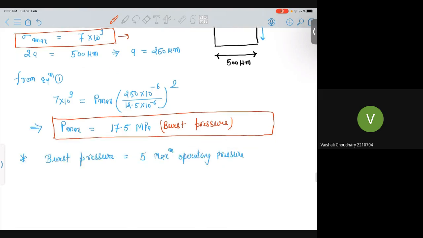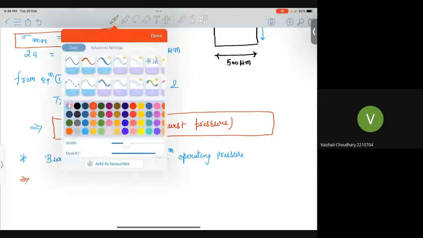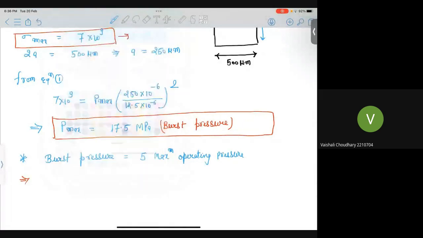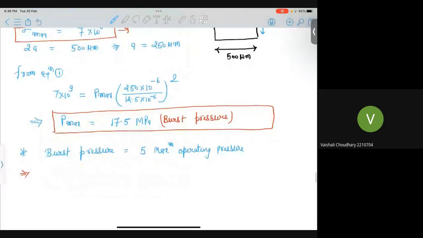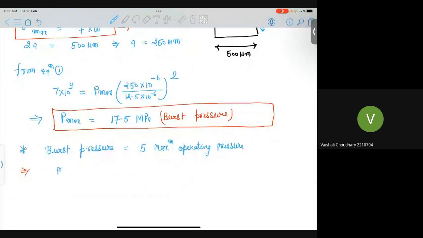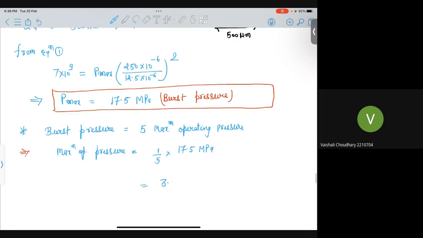So the maximum operating pressure is 1/5th times 17.5 megapascal, or this is 3.5 megapascal.